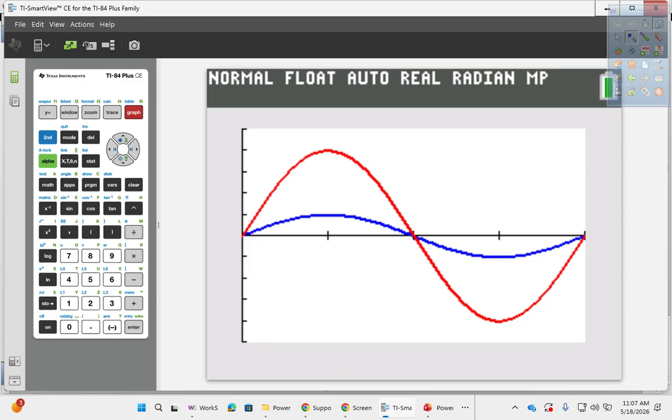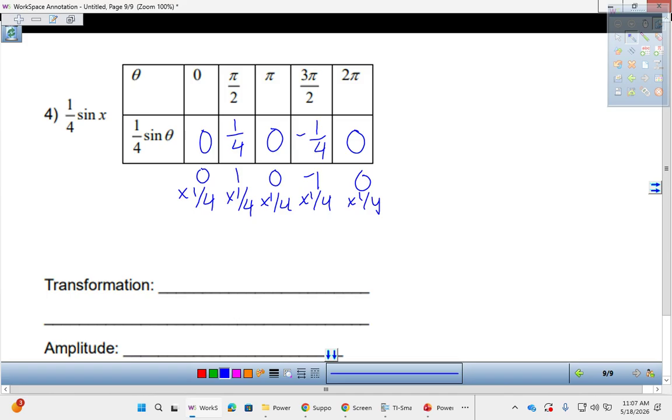So the whole numbers, the numbers bigger than 1, make it taller, that's a stretch. The fractions are little numbers, they make it compress. So when I'm describing this one, I would call it a vertical compress by a factor of 1/4.